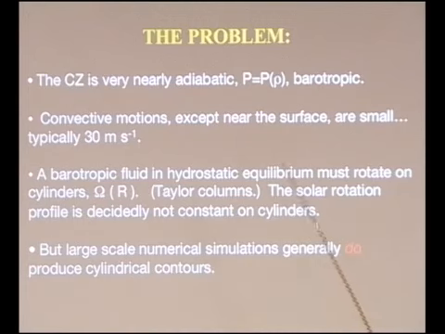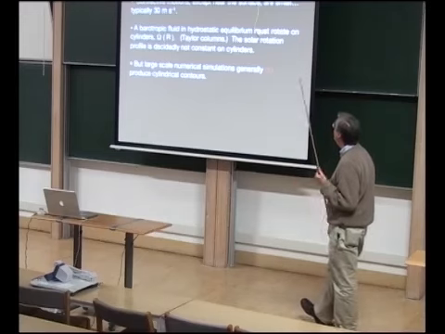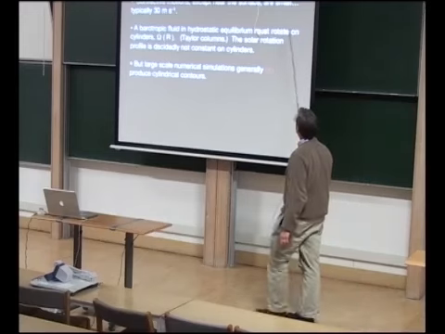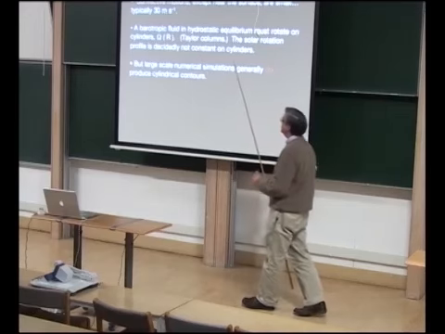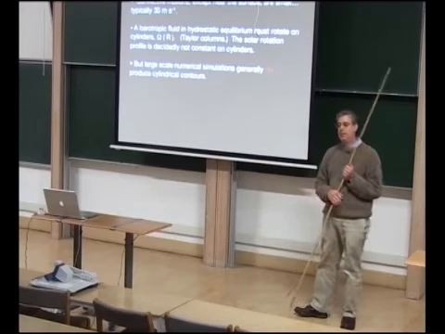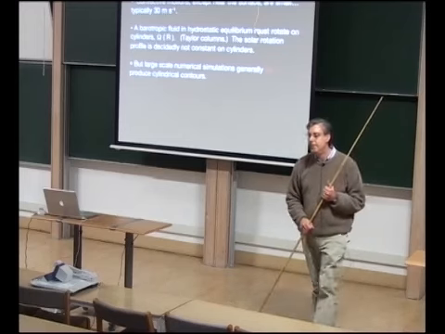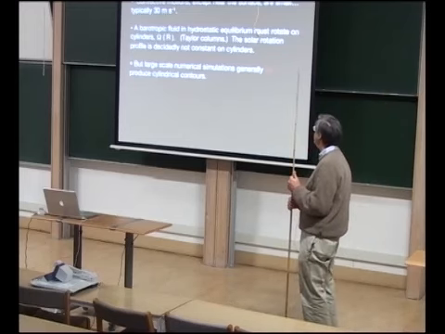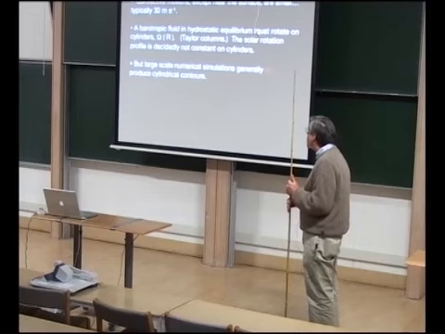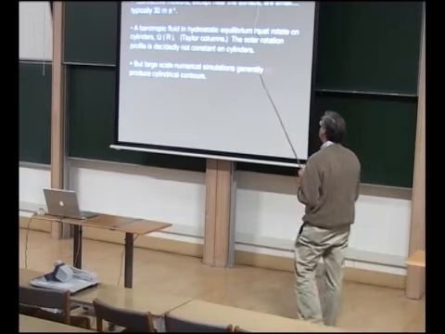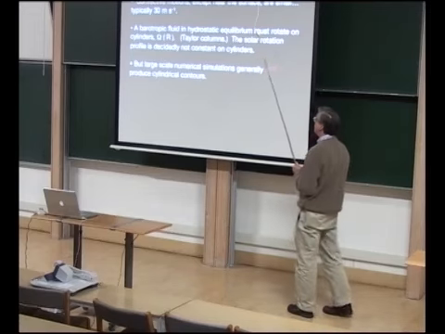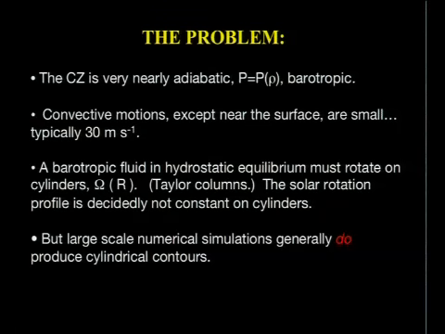The convective motions, as I've indicated, except near the surface, are very small, typically not more than 30 meters per second. So they don't profoundly affect the hydrostatic equilibrium, and a barotropic fluid in hydrostatic equilibrium must rotate on cylinders, basically a variant of the Taylor-Proudman theorem, these being known as Taylor columns.